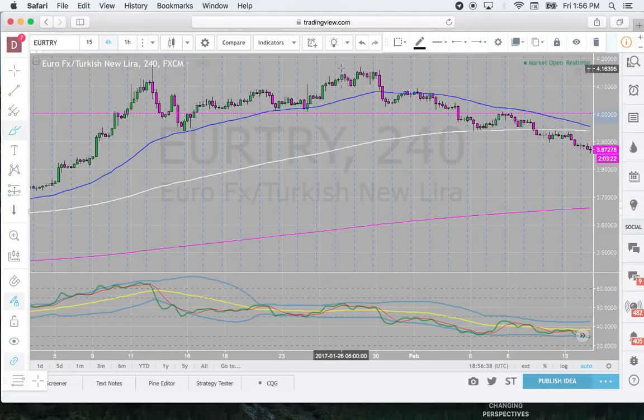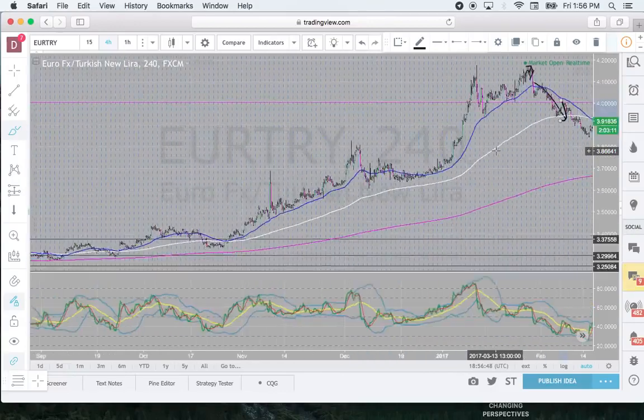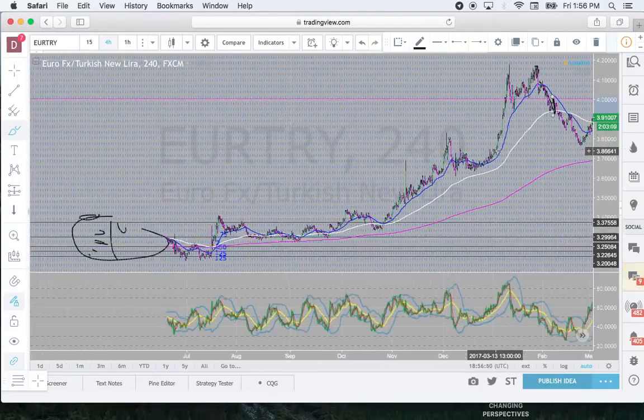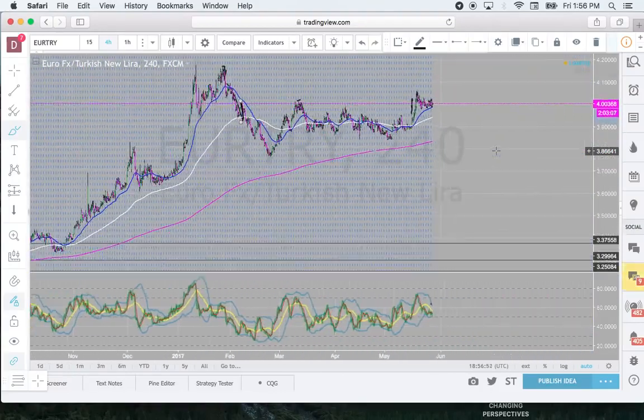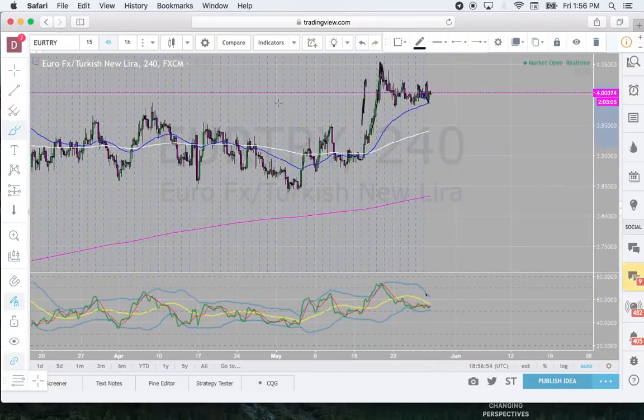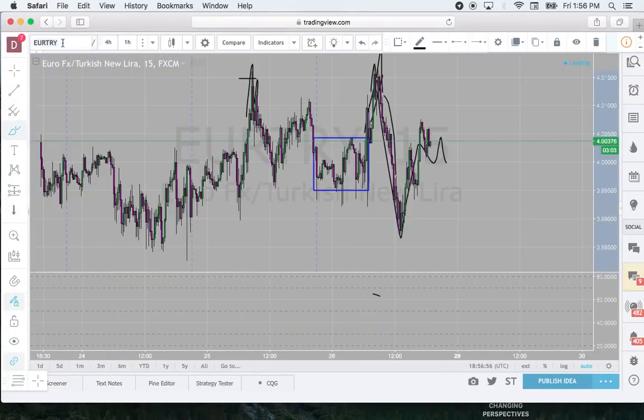Here it is again, the high. They created that M. You sell right there. Boom. It's everywhere. On every pair.